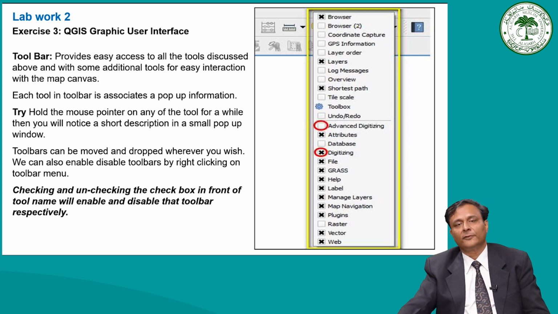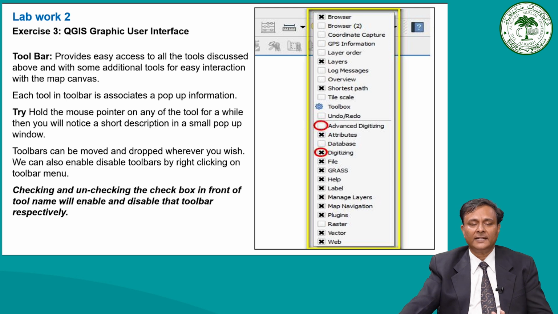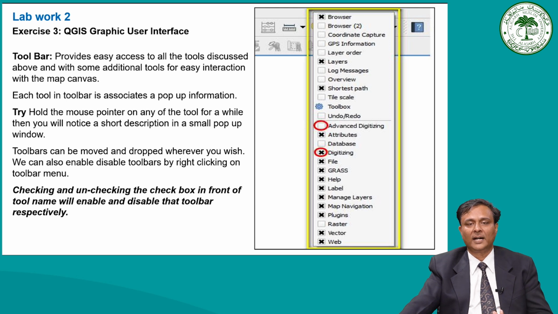So in a software, especially in QGIS and many other softwares, one operation can be done through various ways. You can find the same menus in different menus also. So the same operation can be done in a different way depending on from where you are convenient to access the operation. As I am saying, the toolbar has all the tools which we have discussed already.